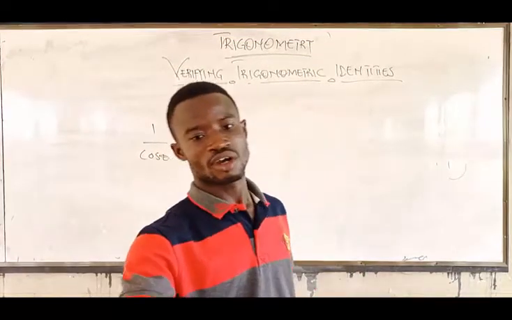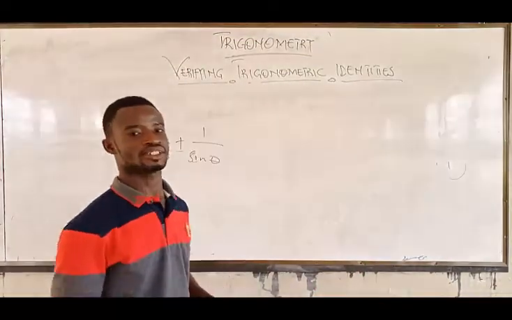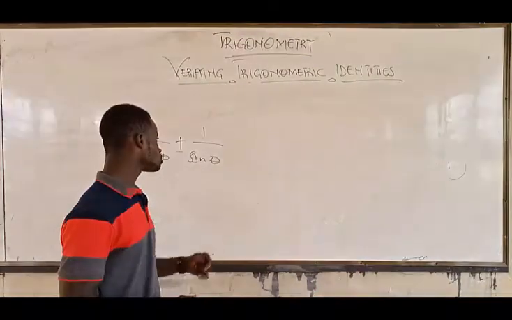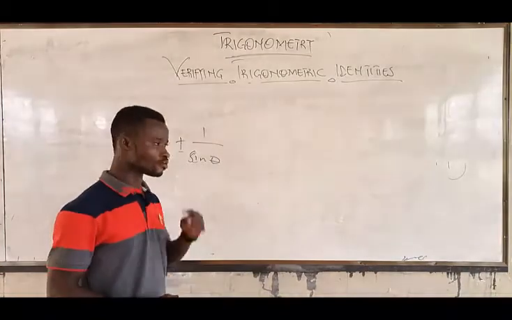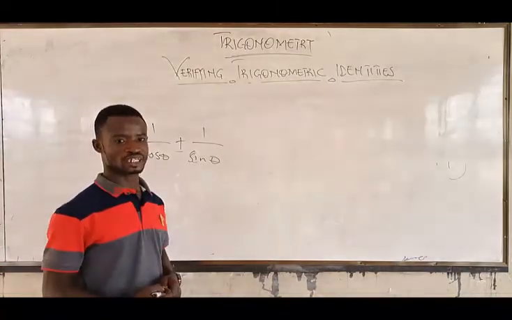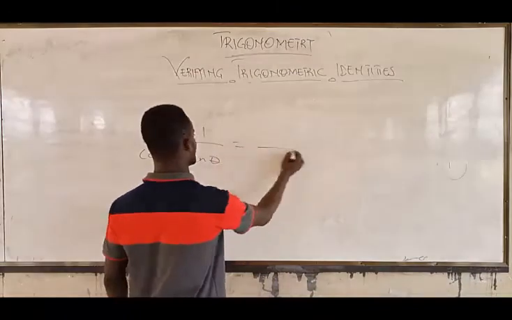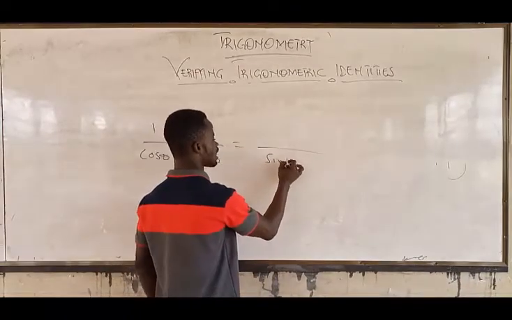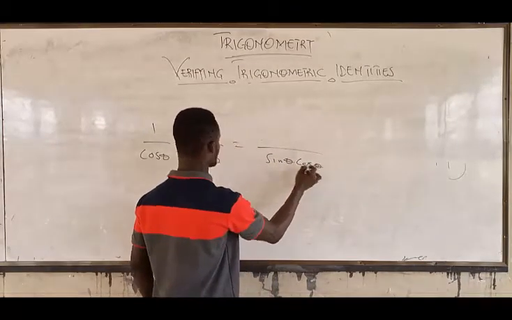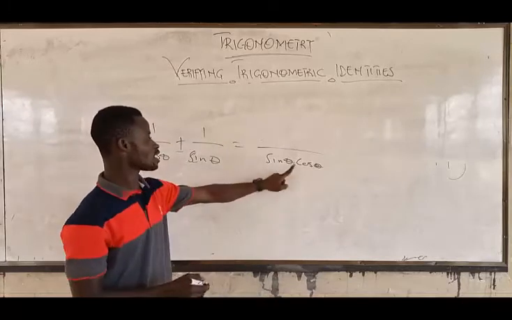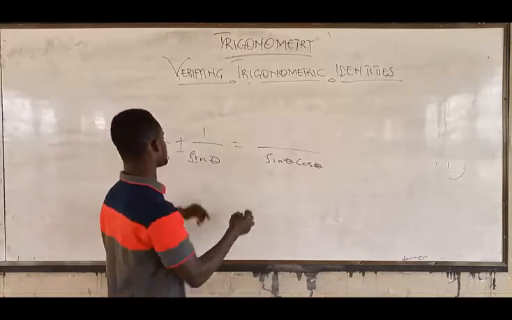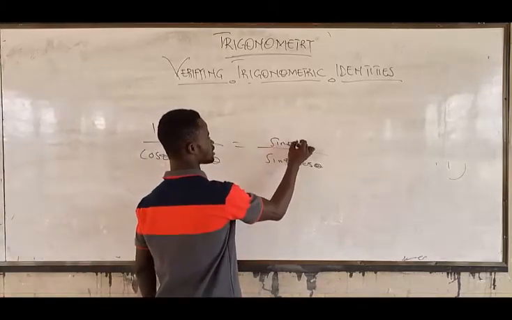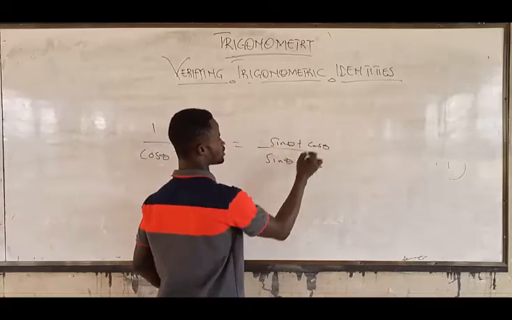Very good. So we are saying that we can use LCM to compute what we have. So you can see that the LCM is going to be sin theta cos theta. Now this will cancel this, and this will multiply this. So we get sin theta here plus cos theta here.